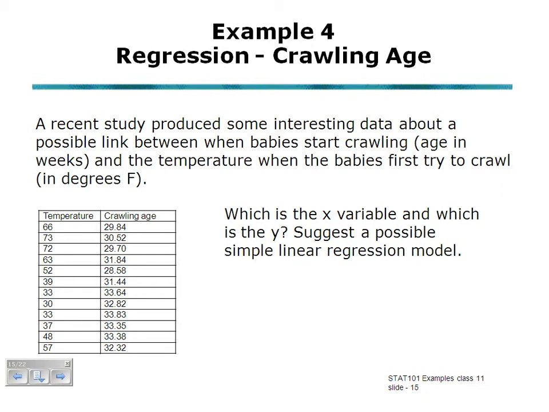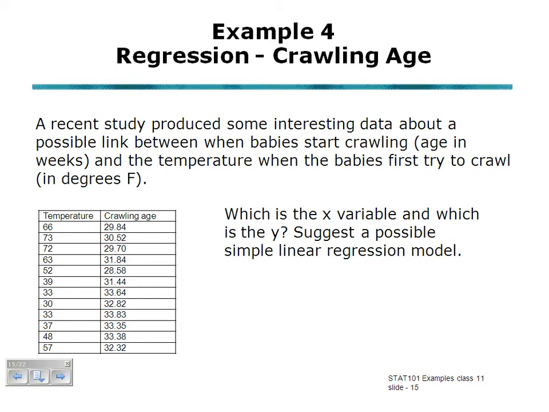First thing to decide is which is our x variable and which is the y. Which one are we going to use to predict from the other? The predictor will be on the x and the one that we are predicting will be on the y. So the question tells us to link between when babies start crawling and the temperature when they first try to crawl.